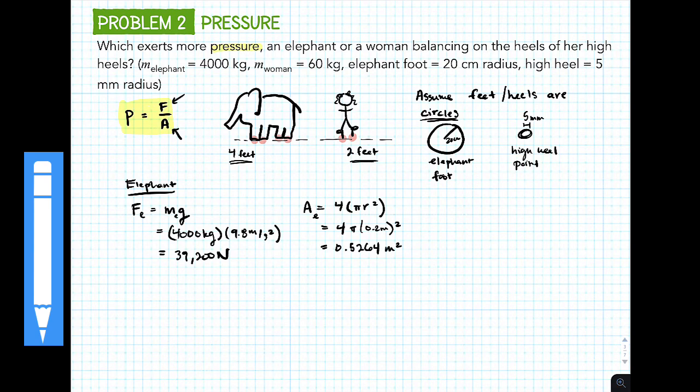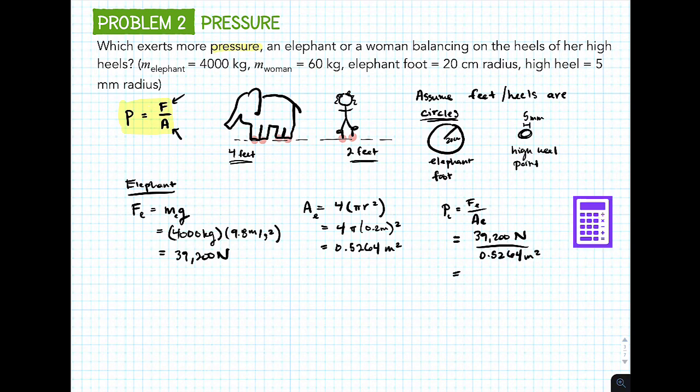Okay, so for our elephant, we get a pressure for the elephant of force divided by area, so 39,200 newtons divided by 0.5264 meters squared, and that's going to be 7.8 times 10 to the 4th pascals.